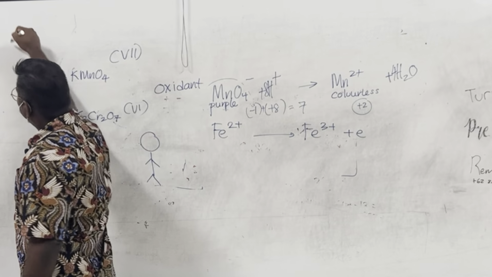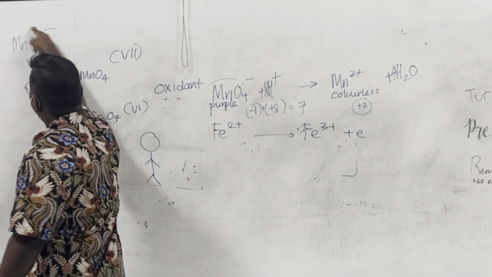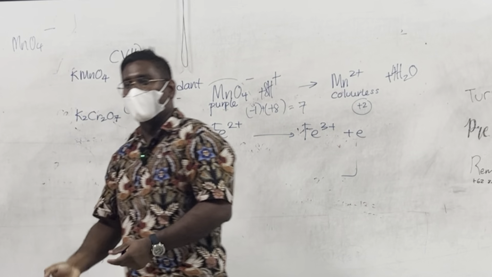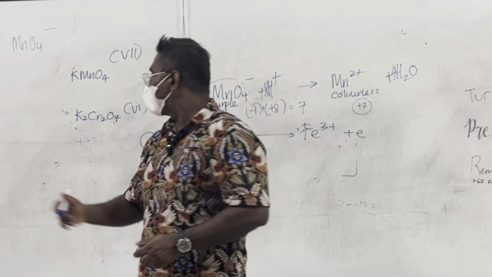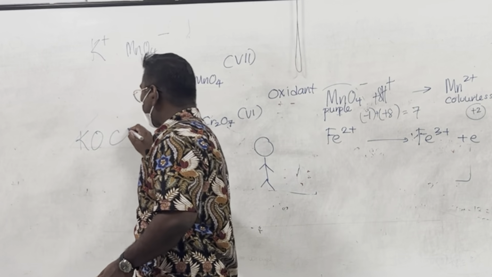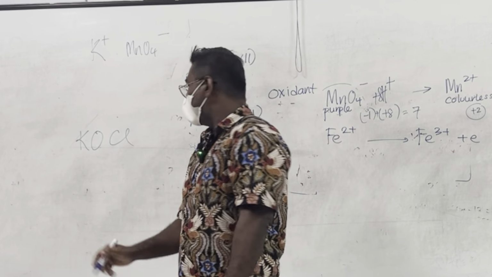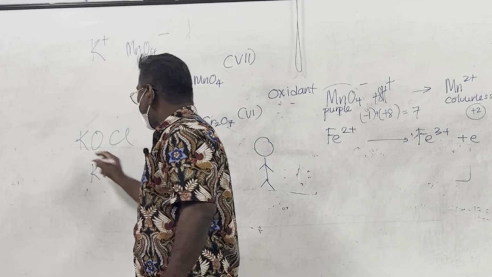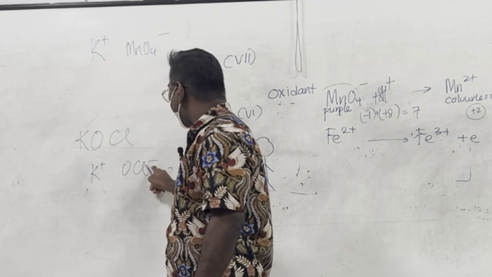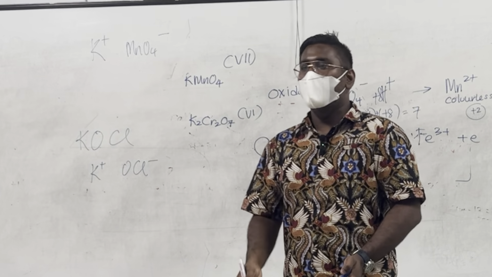K plus, MnO4 minus. Overall negative 1, overall is positive 1. Then only they can come together. KOCl. Sometimes no need to separate them completely, because you have K plus and OCl, this entire thing is negative. So it's like that in certain cases.